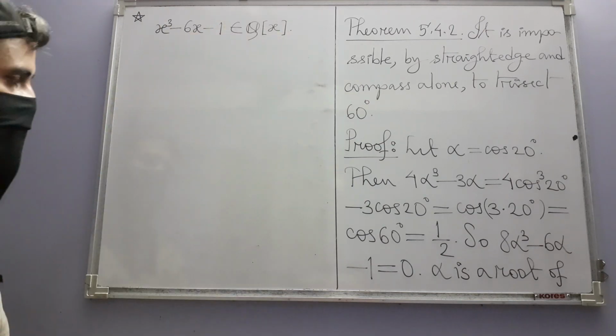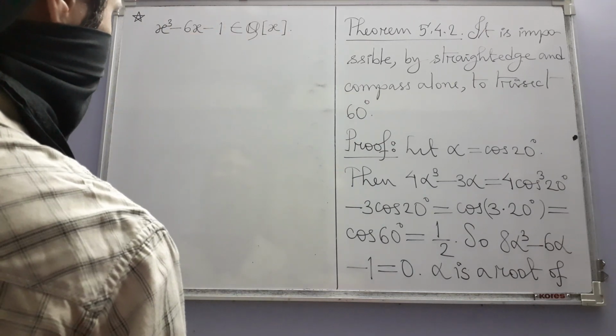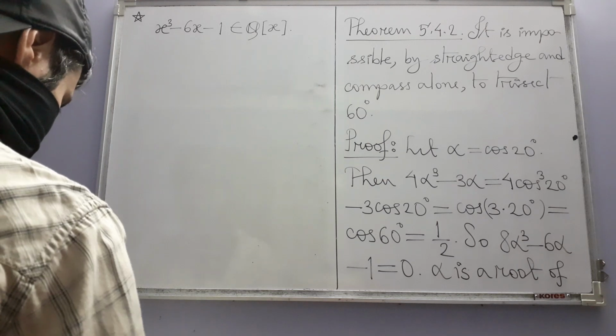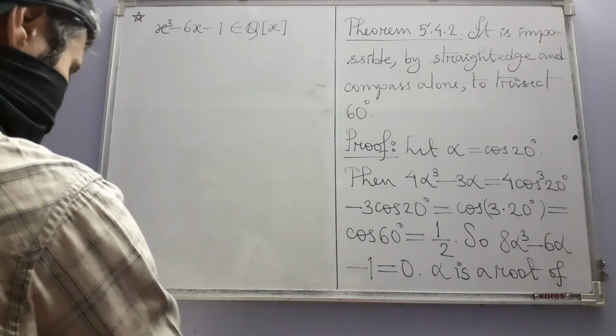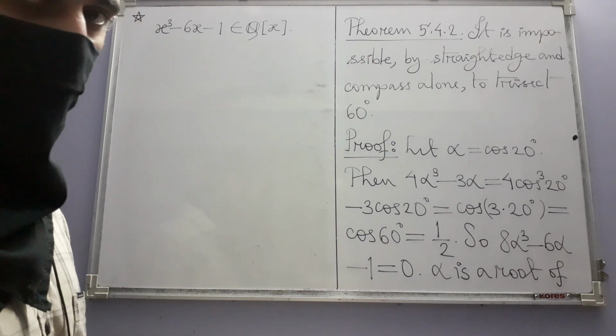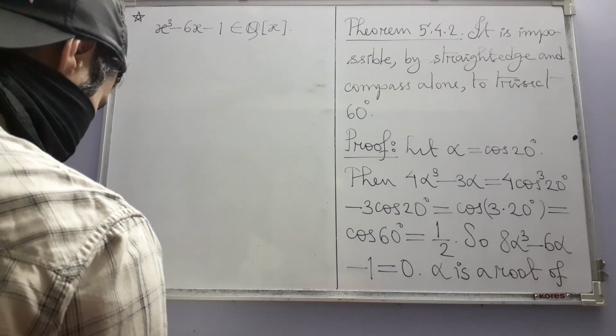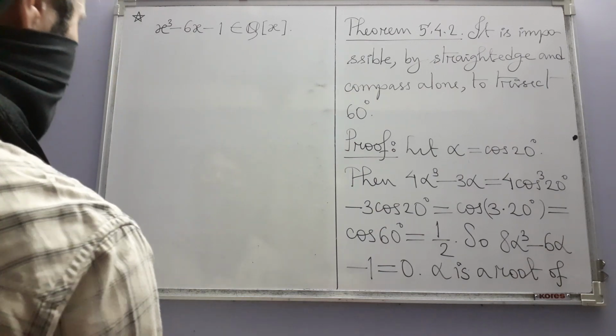So it's coming from this polynomial ring. Alright. Now the thing here is that this polynomial actually is an irreducible polynomial, which we will prove in exercise 7a.